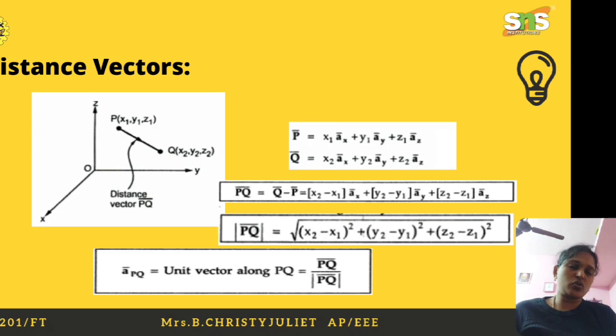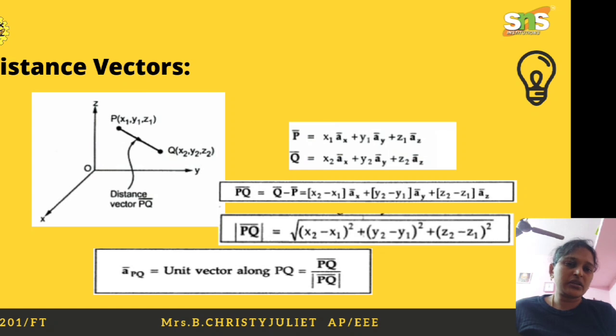If I have two quantities, p and q, p can be represented by x1 ax vector plus y1 ay vector plus z1 az vector, and the other position vector is q vector, which is given by x2 ax vector plus y2 ay vector plus z2 az vector.